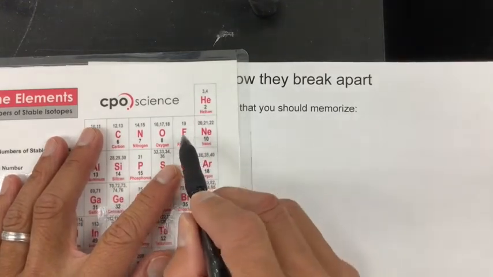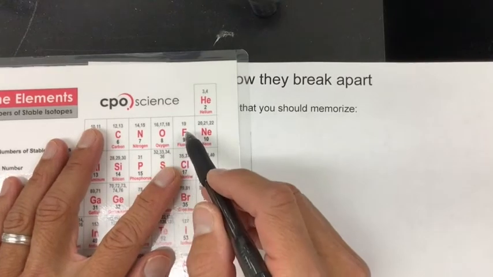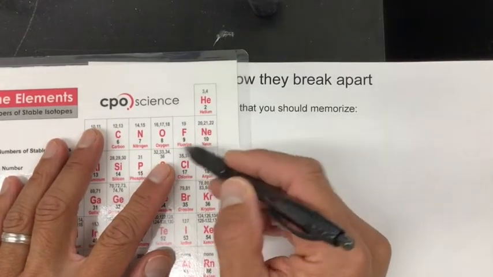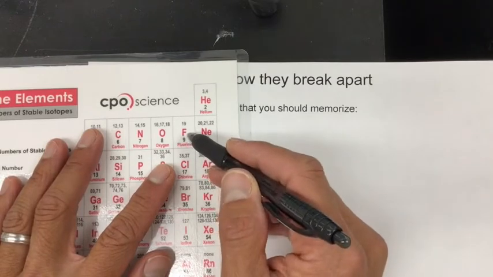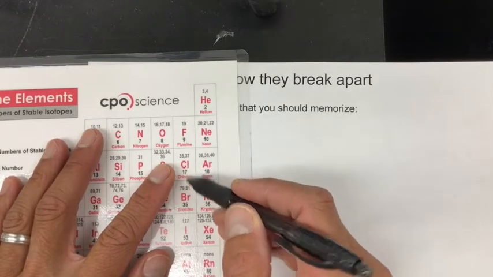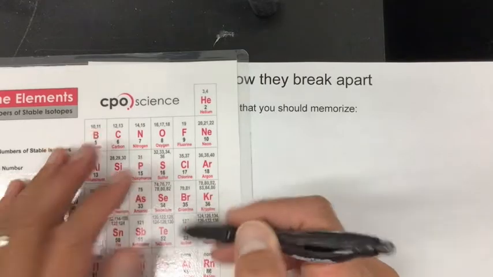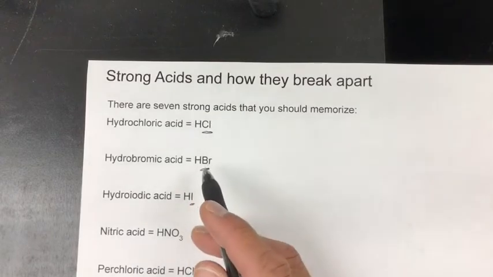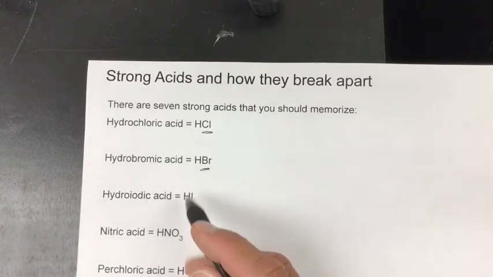F is not one of them, so HF is not a strong acid. It starts at Cl, and it turns out that HF is a weak acid, but HCl, HBr, HI, those are the strong acids. Let's take these three first and look at how they break apart.